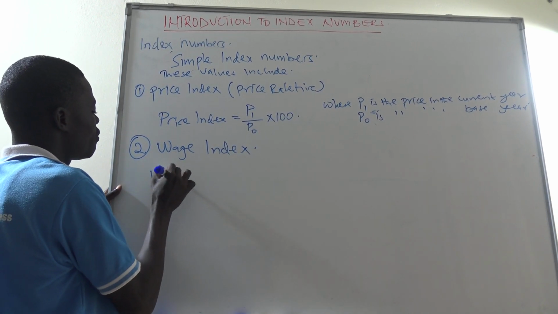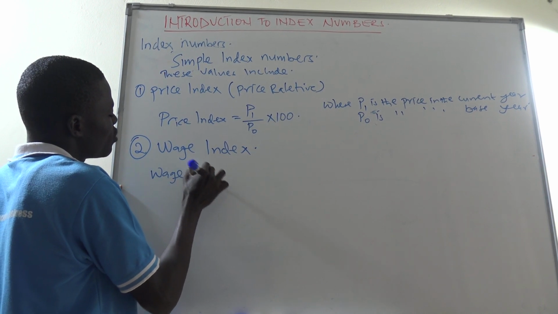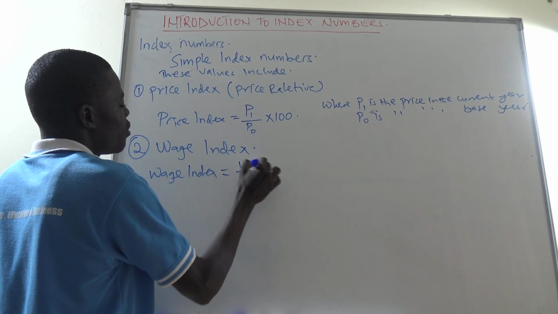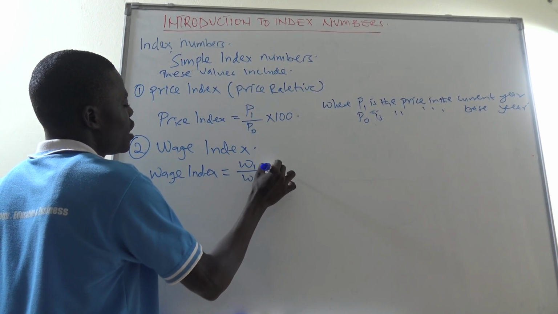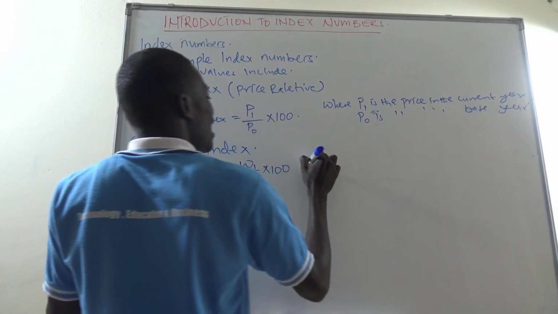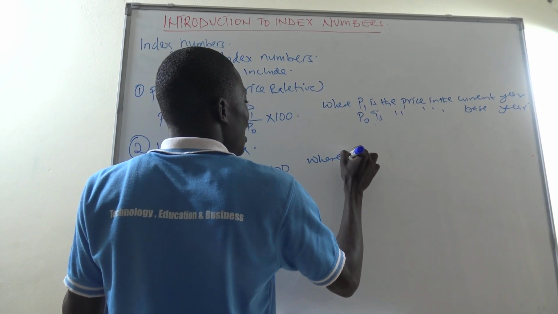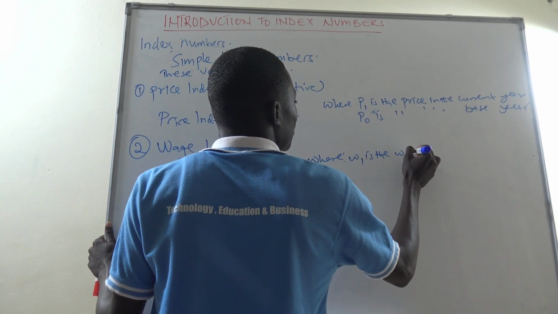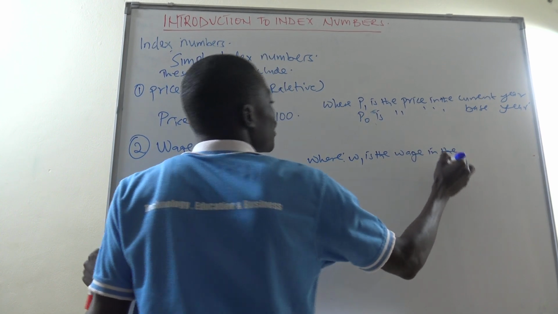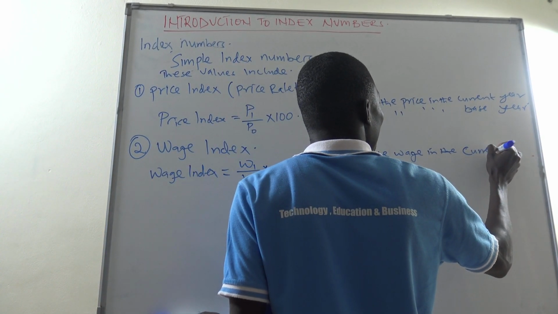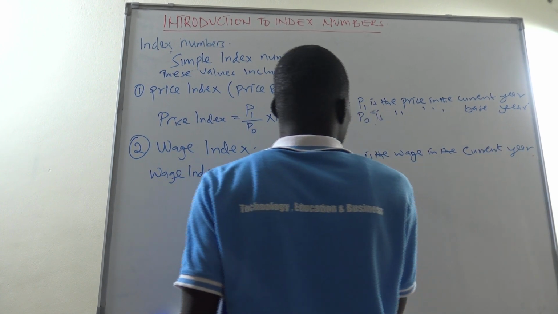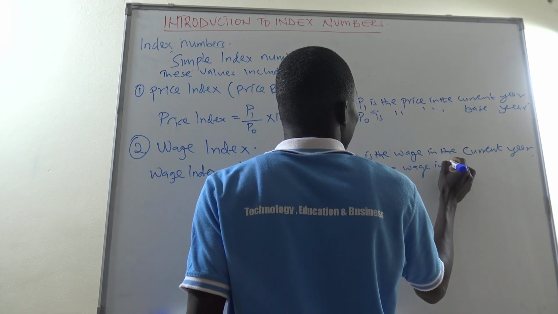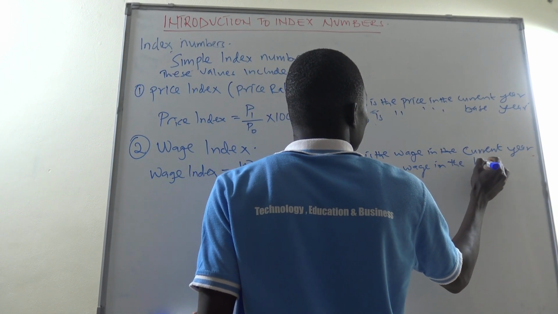Wage index or wage relative is defined by W1 out of W0 times 100, where W1 is the wage in the current year, and W0 is the wage in the base year.